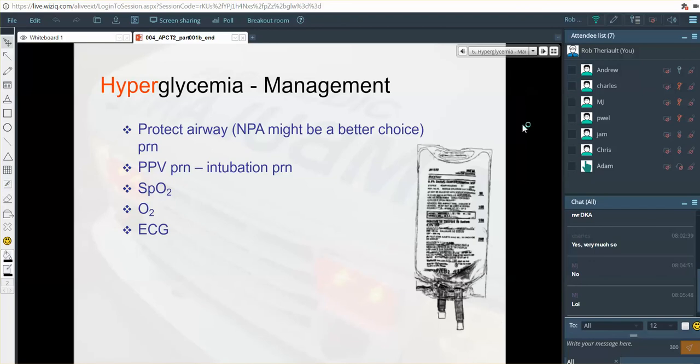Can you have an abnormal reading from the pH shift? Yeah, so explain that further. So if they're acidotic, it's going to affect their oxygen dissociation curve. So they're not going to hold on to oxygen as well.